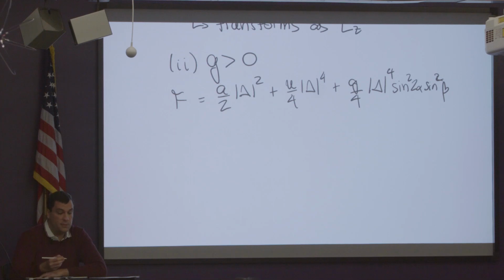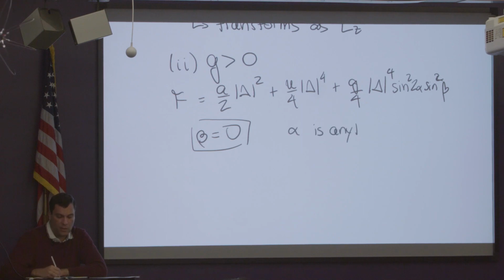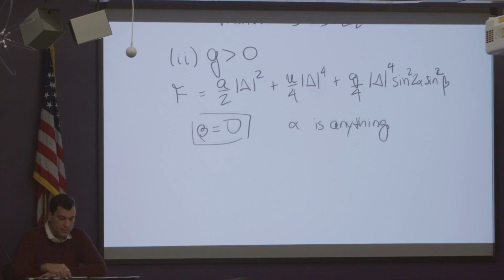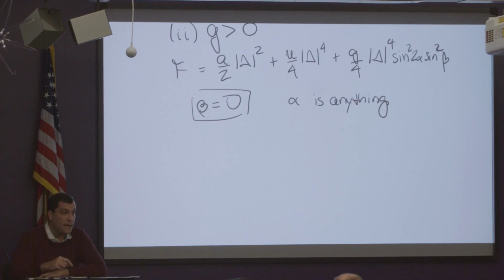So if G is positive, I minimize this by setting beta to 0. And then alpha can be anything, because I already minimized that term. I'll come back to this point of alpha being anything. But let's look at what this means for my gap now.